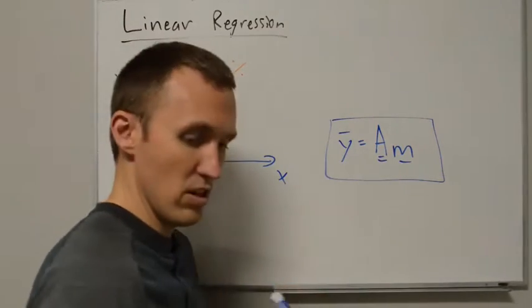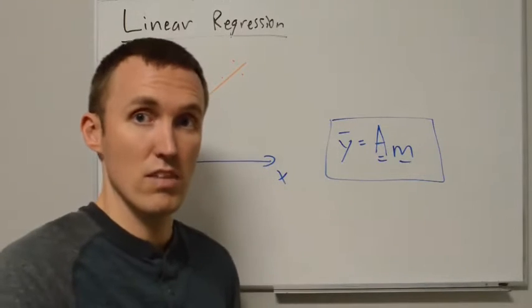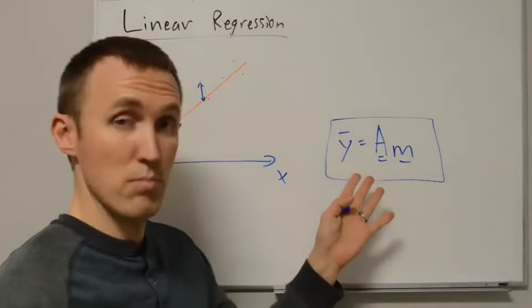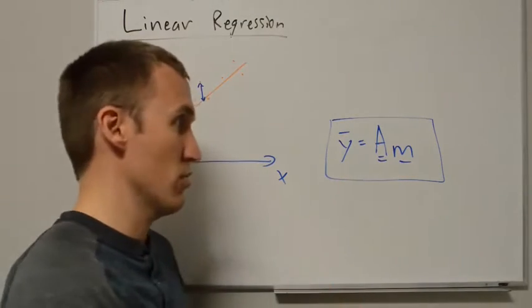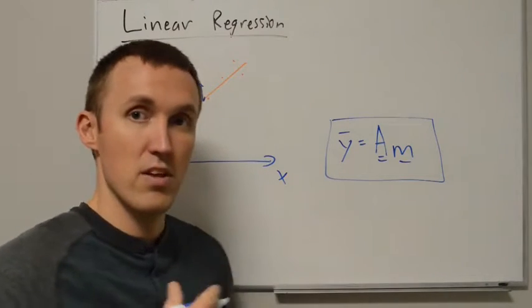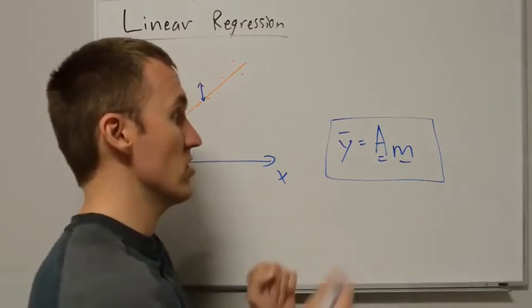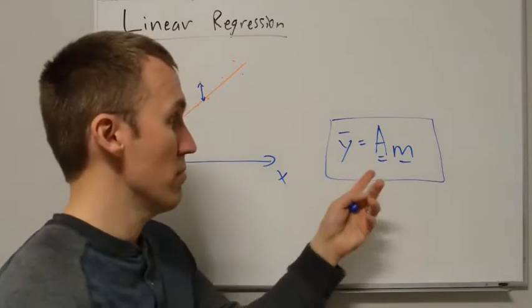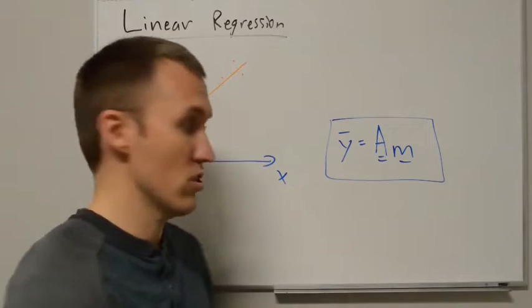But what we did talk about briefly is the matrix inverse. So we can take a matrix inverse in some cases. If A in particular is a square matrix, and if it's invertible, which are conditions we're not going to talk about in this video, then we can take a matrix inverse, and then we could just multiply both sides of this equation by A inverse, and we would have our solution.